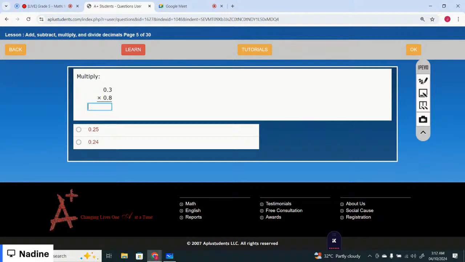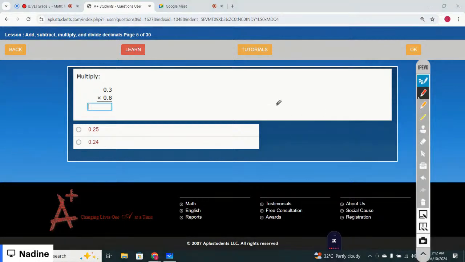Multiply 0.3 times 0.8. So which is the correct option? You have to do 3 times 8, right? They both have one decimal place, so answer must have two decimal places. 3 times 8 is 24. You need to move decimal point two places left from here to here.